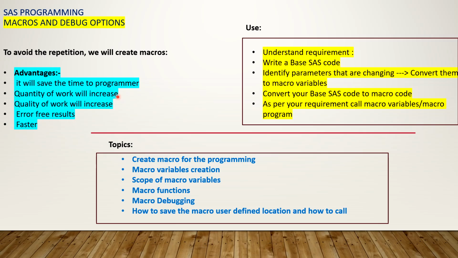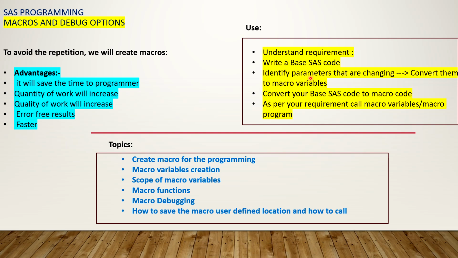Okay. So in SAS programming, how do we use macros? First, when you are going to write macro programming, you understand the requirement. Then you write the base SAS code, the regular program.